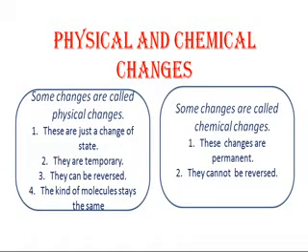No. So this kind of change we call a chemical change. While physical changes are just a change in state. They are temporary. They can be reversed. The kind of molecule stays the same. There is no change in its molecule.